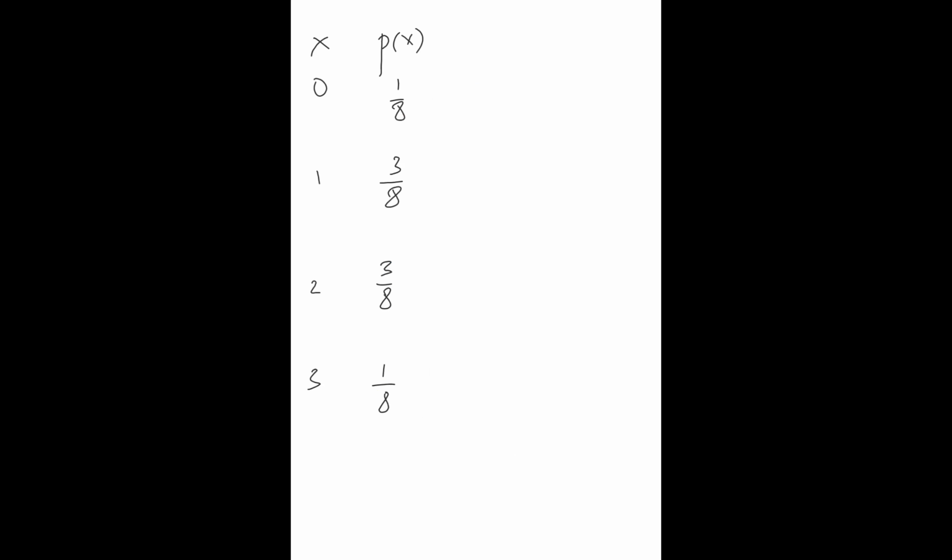Okay, so we have got the probability distribution. Now we'll calculate the expected value, which is the mean, summation of x into p of x. So x into p of x: 0, 3 by 8, 6 by 8, and 3 by 8. I'm just multiplying these two.